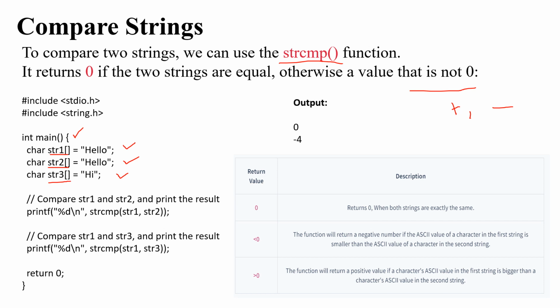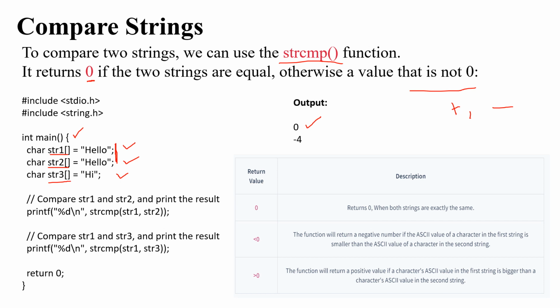Compare string 1 and string 2. We are going to compare these two, string 1 and string 2. Both are same. All the characters are same. The length is also same. So when you compare these two, 1 and 2, 0 is returned. The output is 0 for the first part.